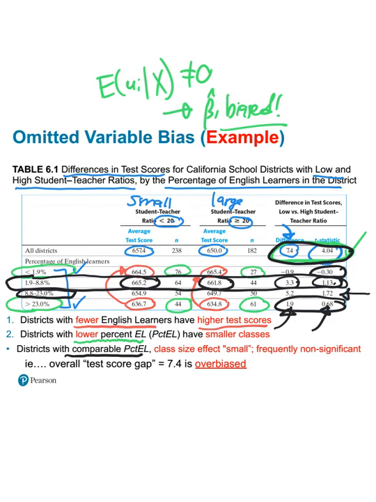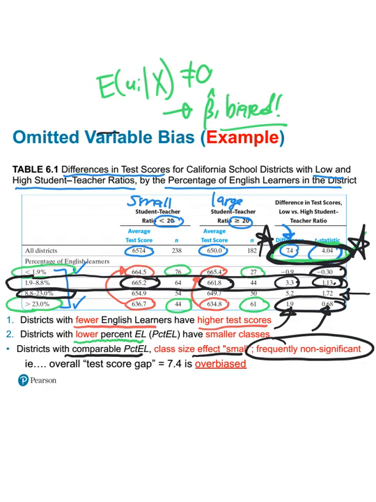So for the most part, when we were just controlling for the classroom sizes, we said we indeed did have statistical significance, that classroom sizes by themselves were a positive influence statistically on average test scores. But when we control for this omitted variable, we're actually seeing that effect kind of goes away. Indeed, it's a small effect and frequently quite non-significant. Which means then the actual causal impact of small classrooms on average test scores was greatly inflated.